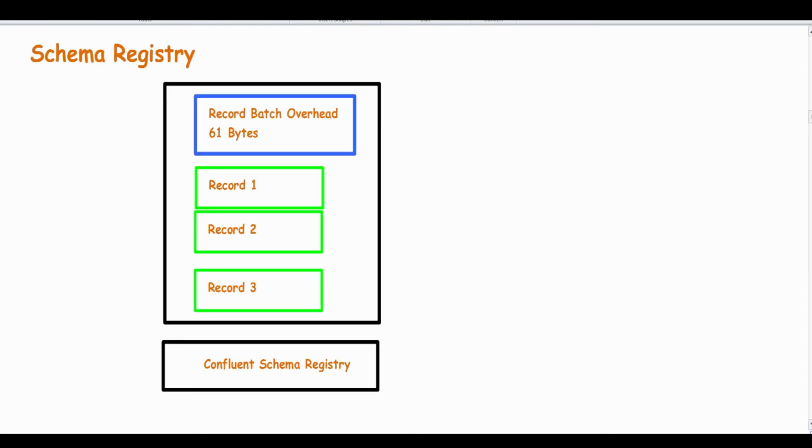We can also use Confluent schema registry as another option. This is applicable for typical use cases like if you are dealing with JSON data. As we know, JSON stores both the actual field name along with the data in the record. So this increases the overall size of the data.